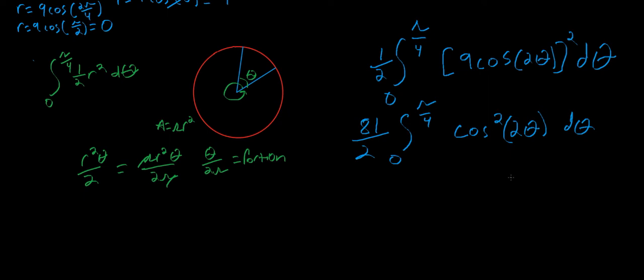What trig identities do you see here? Let's look for what I can do with the cosine squared. Nope, I see it right here. Cosine squared equals 1 plus cosine 2 theta over 2. Remember, we already have the 2 theta here, but we can still do it. So let's get crazy here.